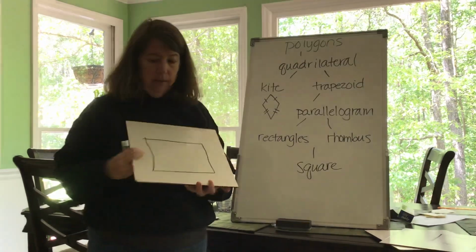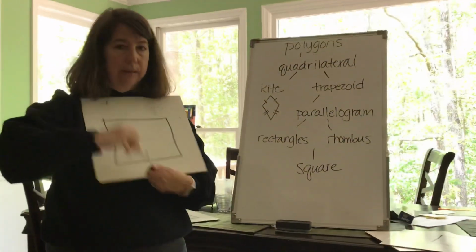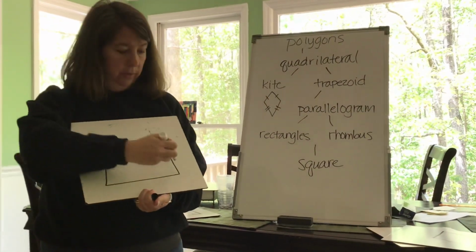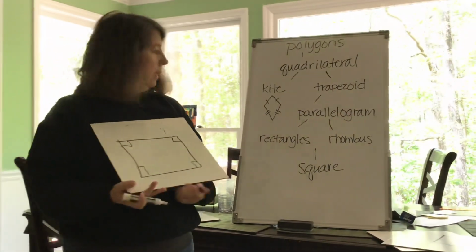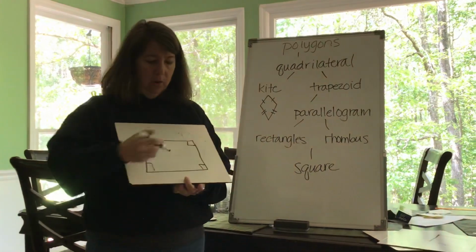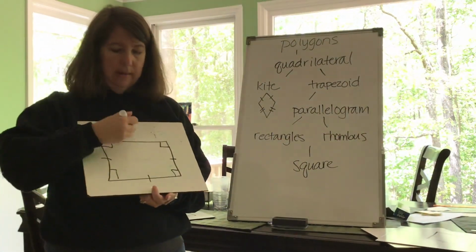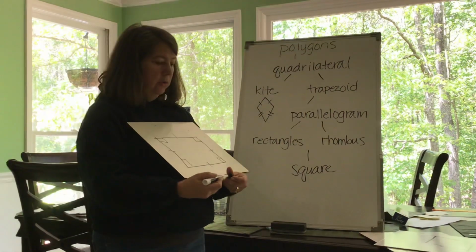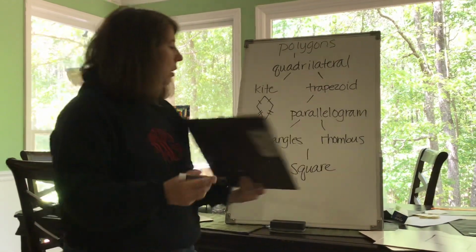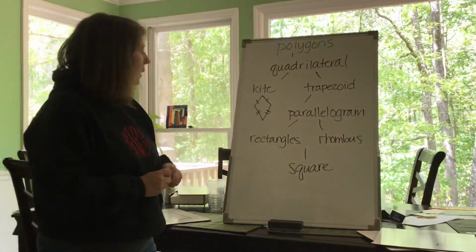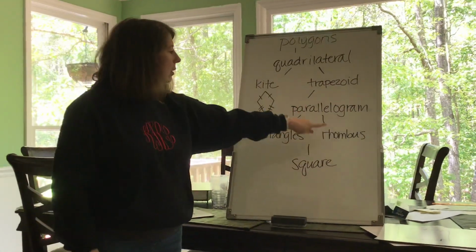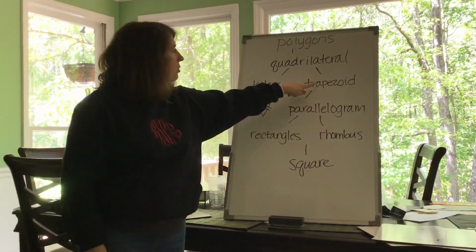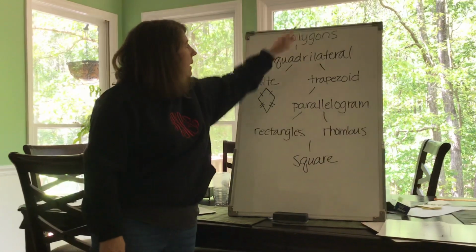It's a rectangle because the opposite sides are congruent, and it has four 90-degree angles. And it is a rhombus because all sides are the same length. So when you look at our hierarchy, our tree diagram here, you can see a square can also be called a rectangle, a rhombus, a parallelogram, a trapezoid, a quadrilateral, and a polygon.